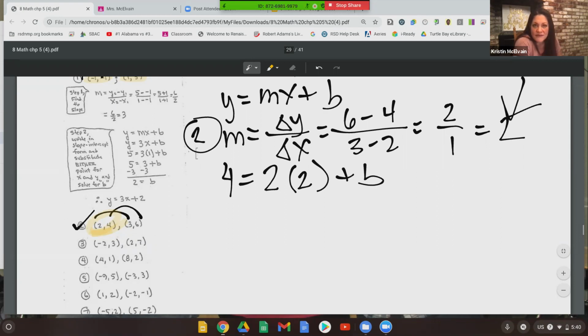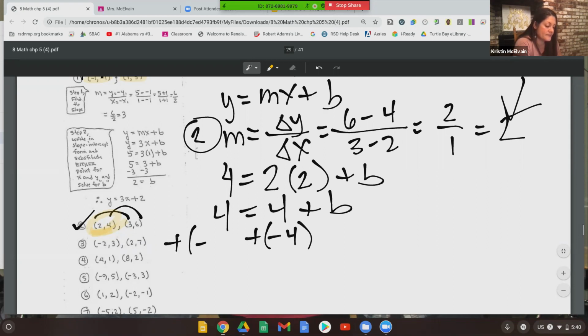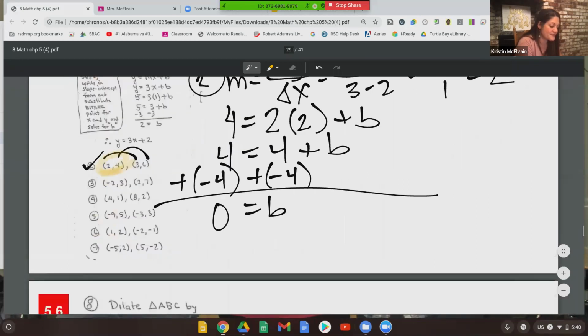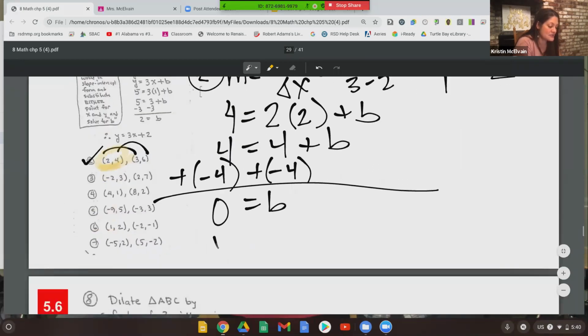Now the only variable is b, or my y-intercept. 4 equals 4 plus b. Add the opposite, which means that 0 equals b. So for number 2, my equation is y equals 2x. And you can put plus 0 if you'd like, or just y equals 2x.